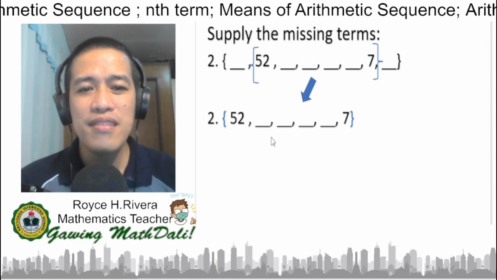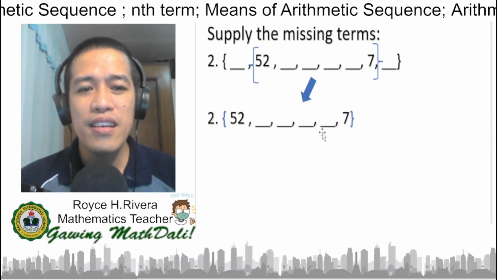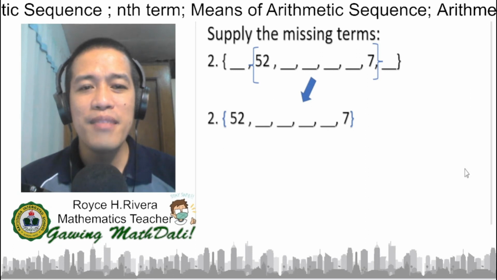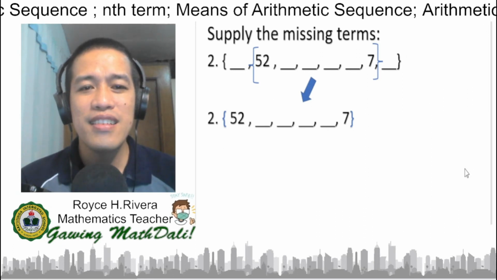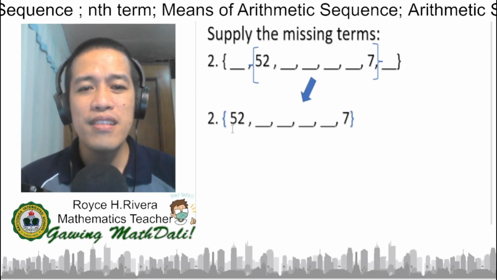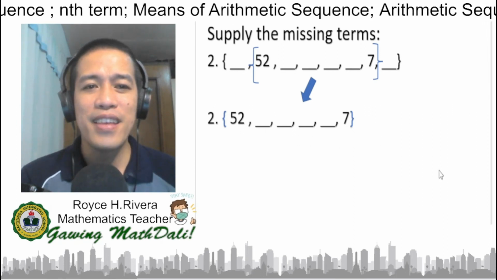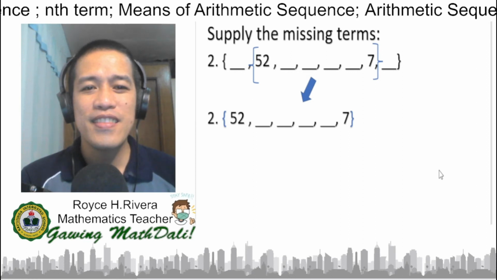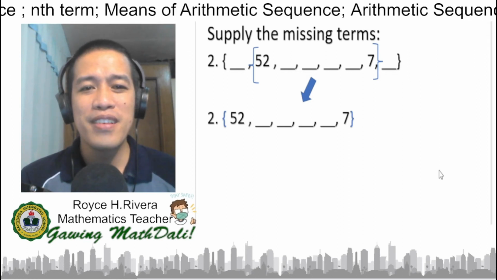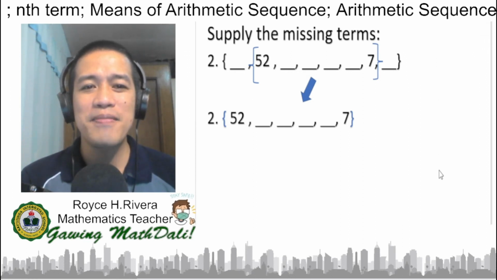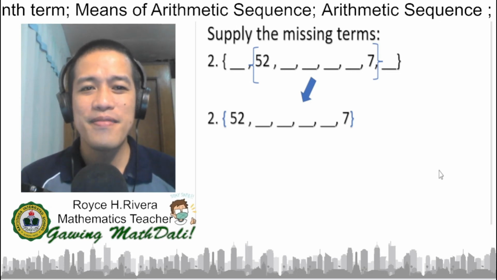So we have 1, 2, 3, 4 arithmetic means between the first term 52 and the last term 7. Ayan, may first term na at meron ng last term. Subukan na natin.